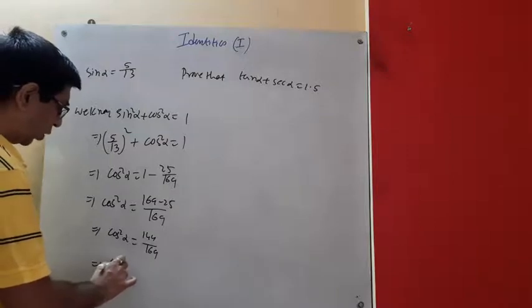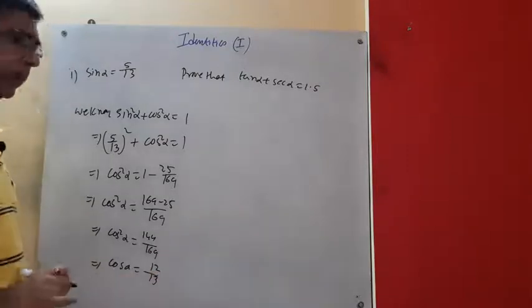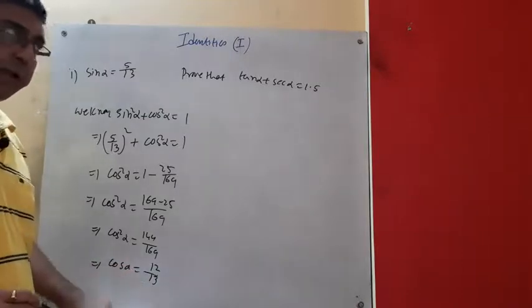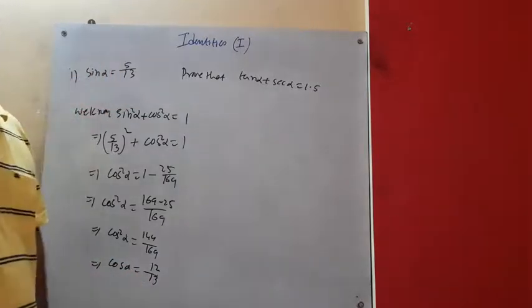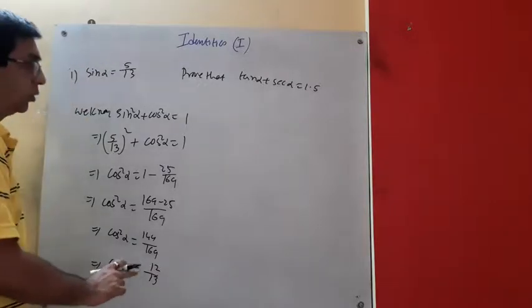So you get cos alpha equal to 12 by 13 by square rooting. You can write plus minus, but all these angles are acute angles, so we'll take only the positive sign. Cos alpha equal to 12 by 13.